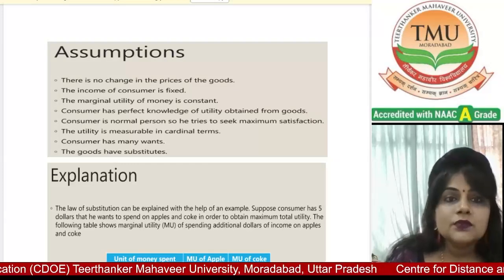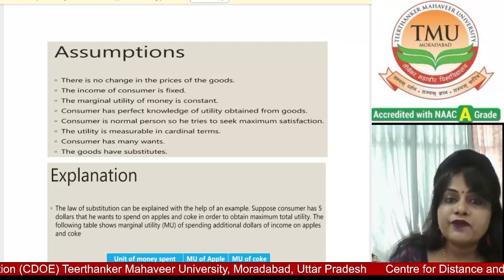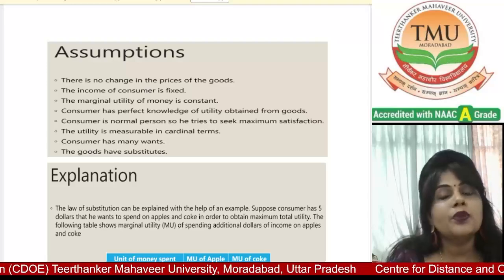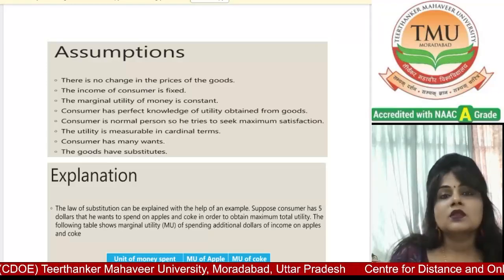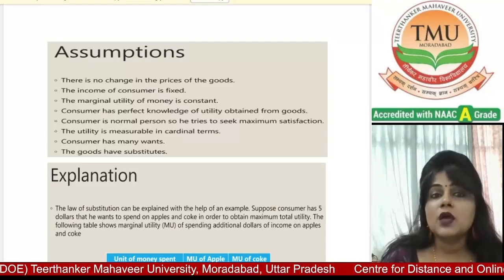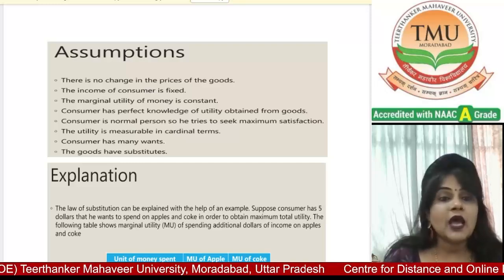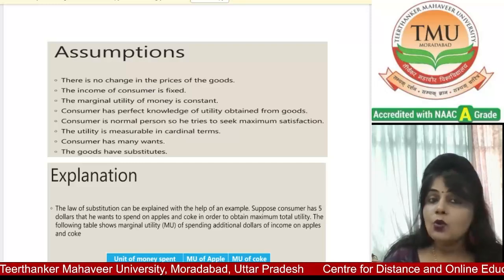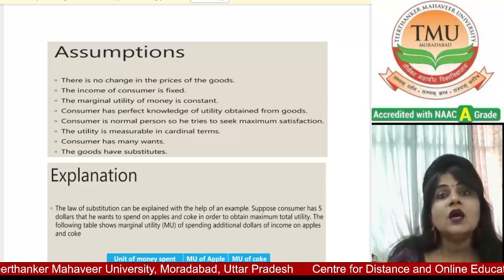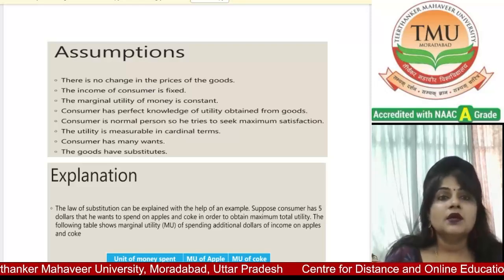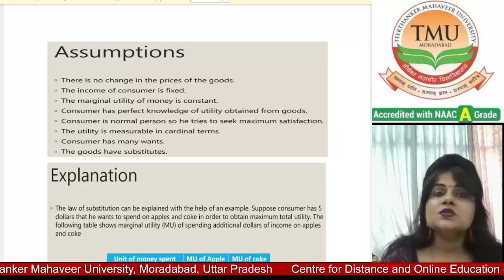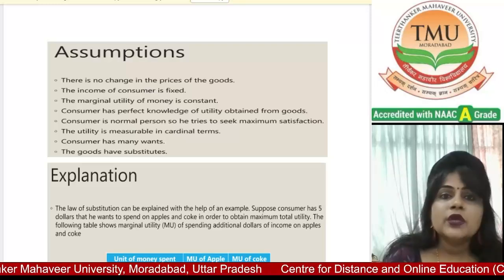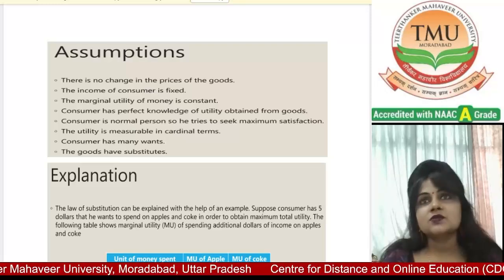Now next, the consumer has perfect knowledge of the utility obtained from goods. The consumer has fully knowledge. He is also aware how much utility he can get from commodities. Now, next, the consumer is a normal person, so he tries to seek maximum satisfaction.